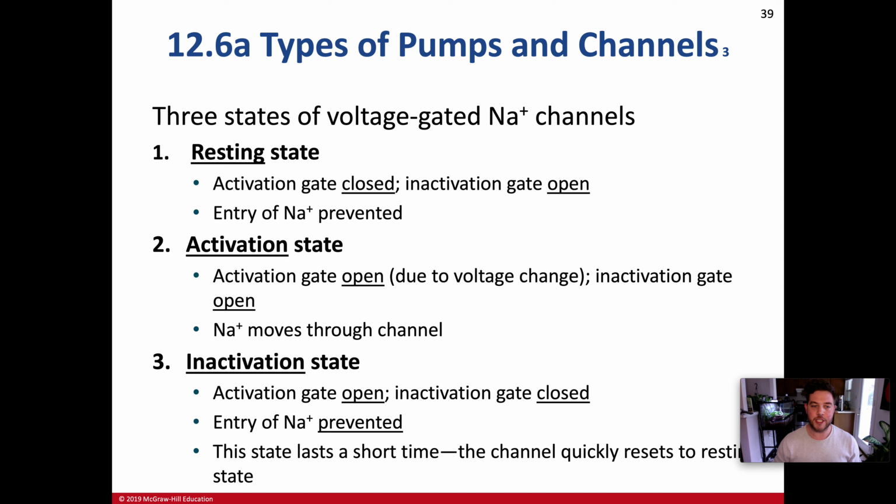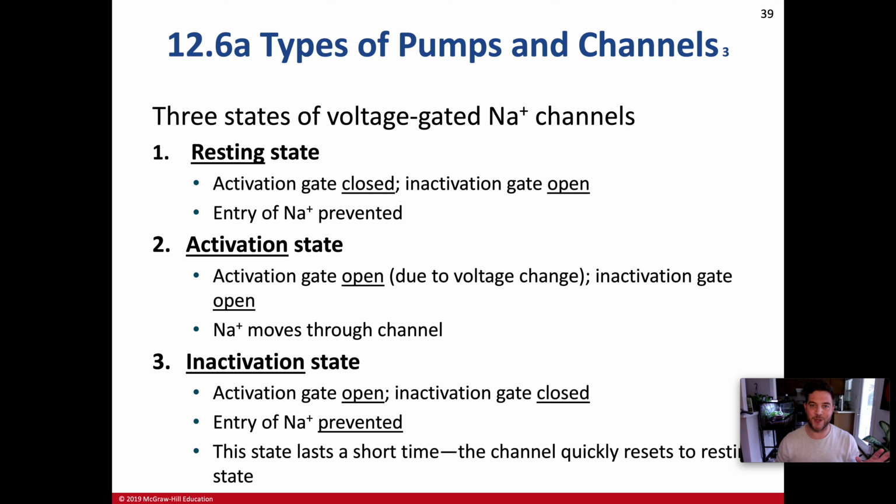In the activation state, the activation gate becomes open because of a voltage change to the membrane potential, and the inactivation gate is also open. So that allows sodium to flow through the channel. Then in the inactivation state, the activation gate stays open, but the inactivation gate closes.